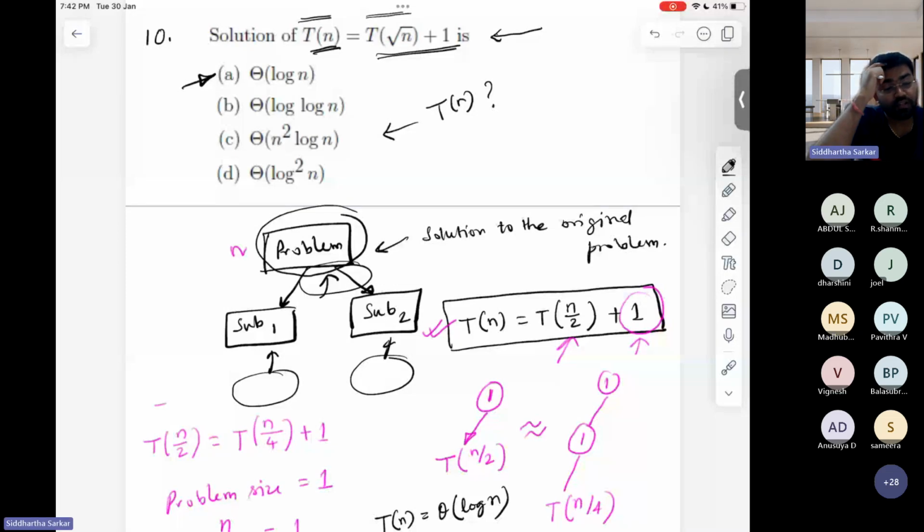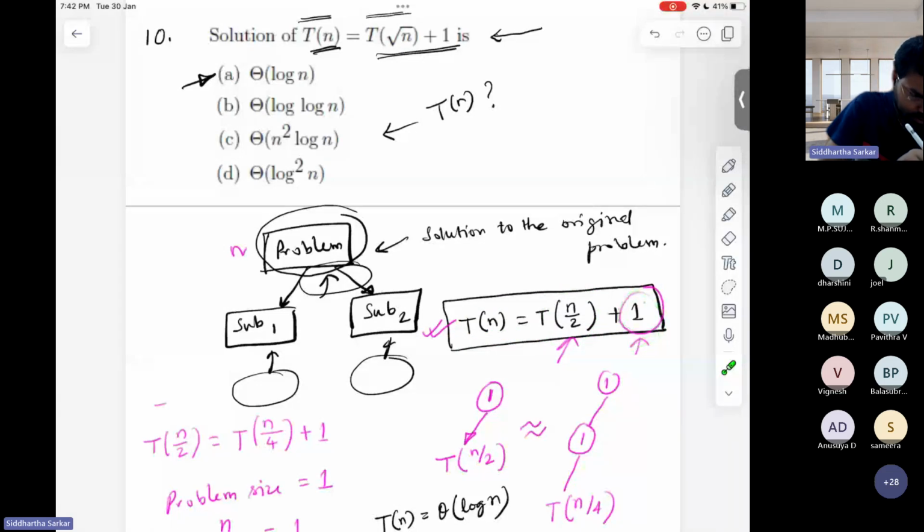So the observation is that the solution cannot be more than log n, because what is happening? So observe that in the earlier recurrence, we are able to get subproblems of size half of the original problem. And plus we're incurring a cost of 1.